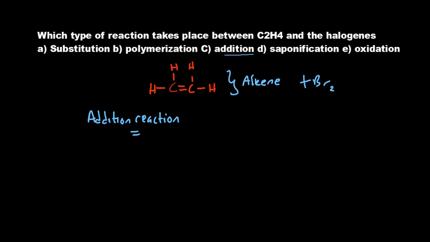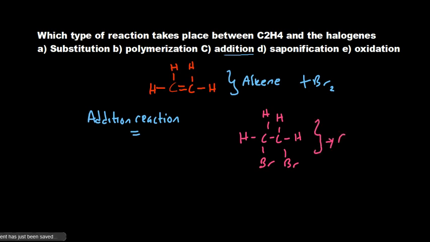The compound would become something like this: H to C to C to H, then we have H, H, then Br, Br. So we can see that it has now become saturated, because it has only single bonds all through. So the answer to this question is addition reaction.